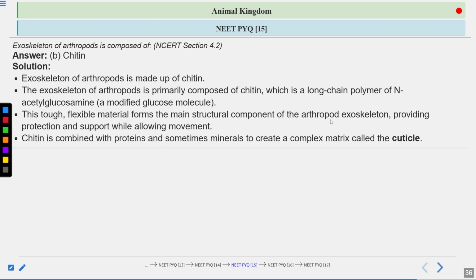Chitin is combined with proteins and sometimes minerals to create the complex material that is called cuticle.